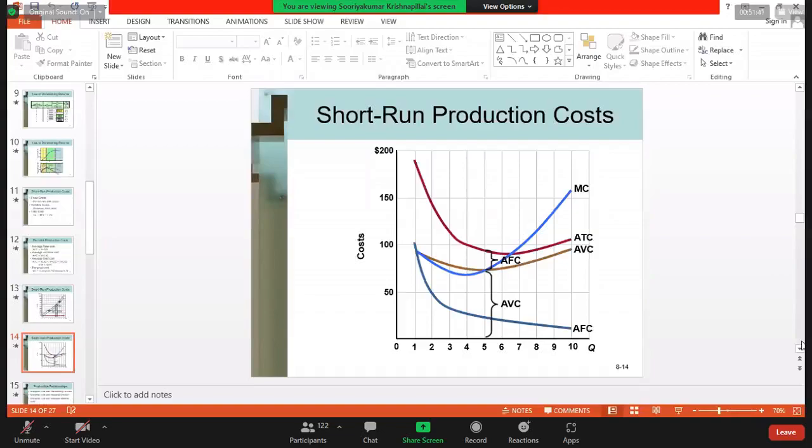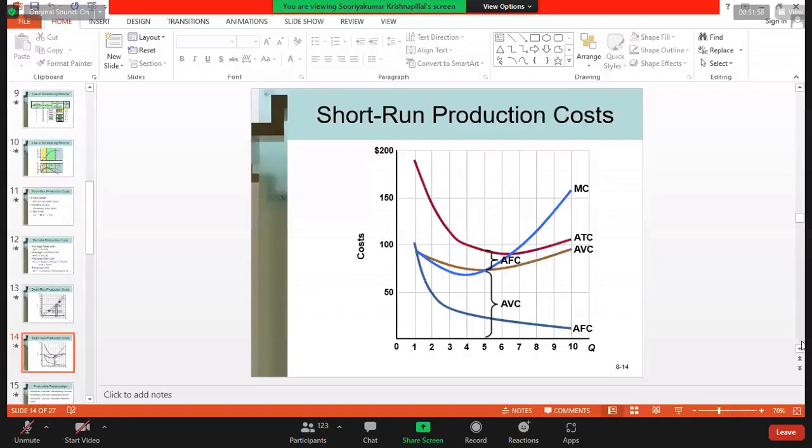Marginal cost, average variable cost, and average total cost have a relationship. You can see when the marginal cost is below the average variable cost, it decreases.